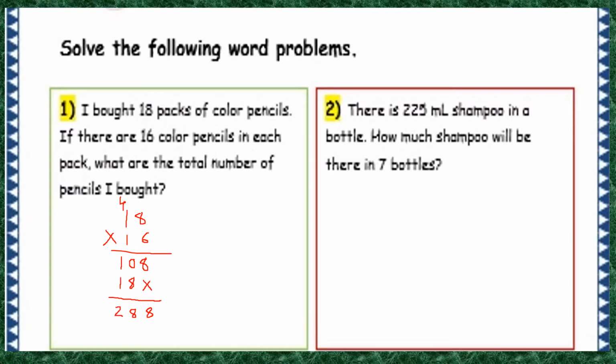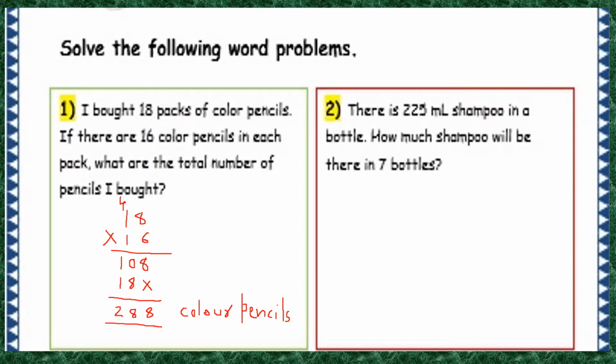So total color pencils are 288 color pencils. These are color pencils, 288. This I am writing, children. You can make the statements yourself also.